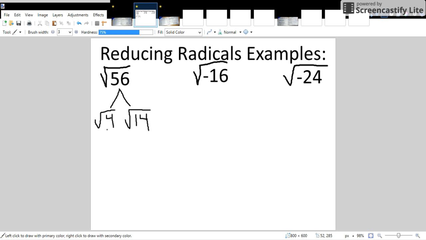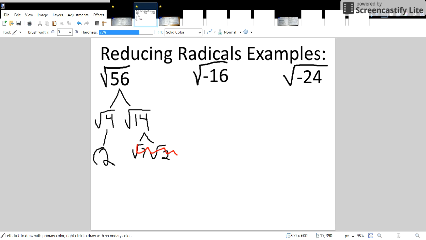Okay, so the square root of 4 is 2, and then for the square root of 14, you can't pull out a perfect square. You basically have square root of 7 and square root of 2, which don't actually help any, so we're done there.